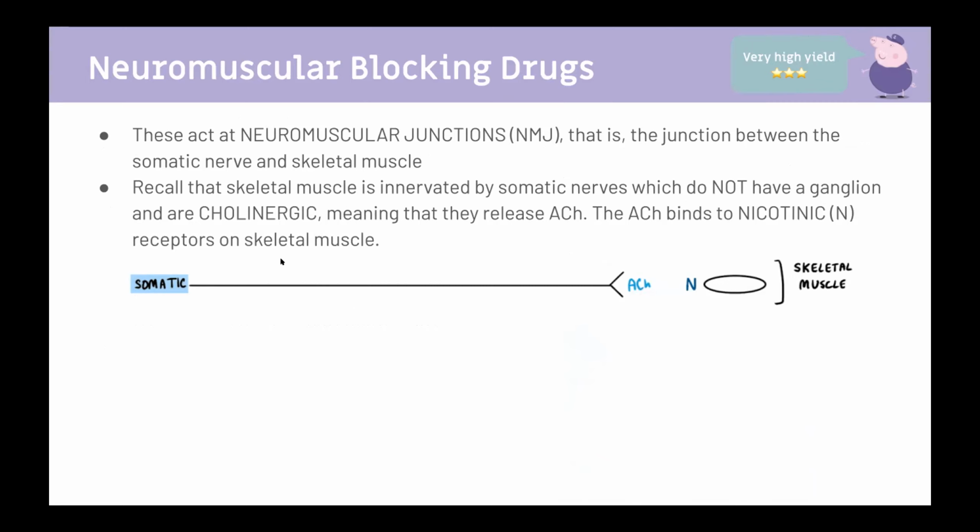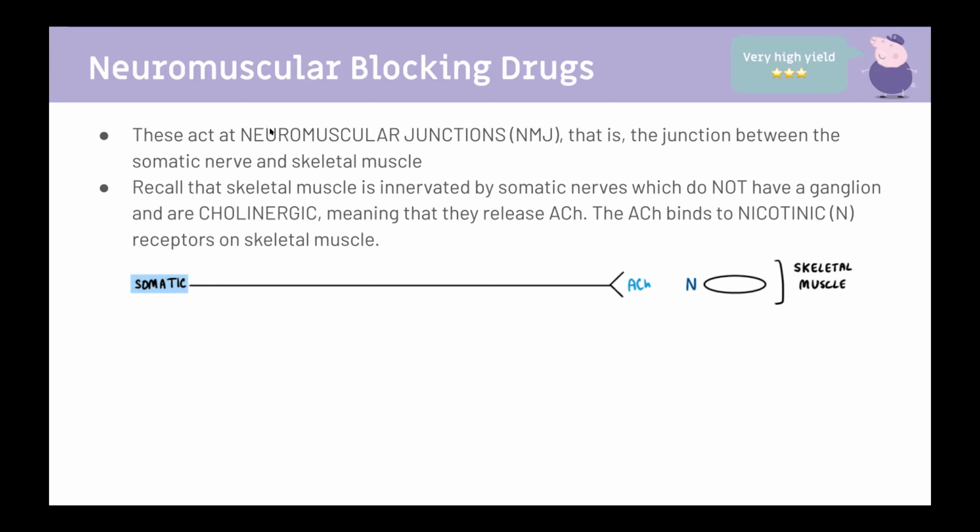I've screenshotted this neuron diagram from the original big diagram so you can see the somatic nerve releasing acetylcholine, which acts on nicotinic receptors on your skeletal muscle. We're not really dealing with the sympathetic and parasympathetic drugs too much, because that will be covered more in semester 2. In semester 1, we're really just dealing with somatic, so the drugs that act on skeletal muscle and that nicotinic receptor.